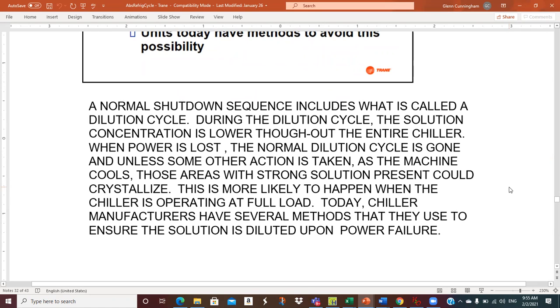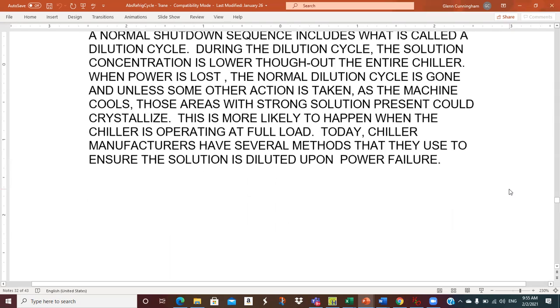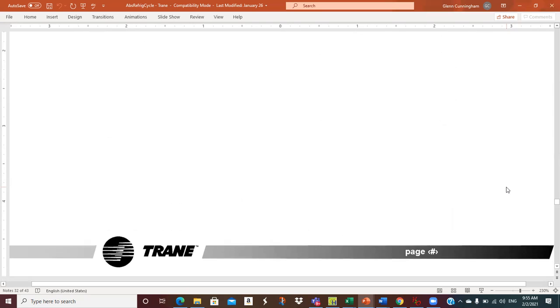Unless some other action is taken as the machine cools, those are areas where strong solution could potentially crystallize. This is more likely to happen when the chiller is operating at full load. Today, manufacturers have several methods they use. So that doesn't really say exactly what they do, but they supposedly have dealt with that.